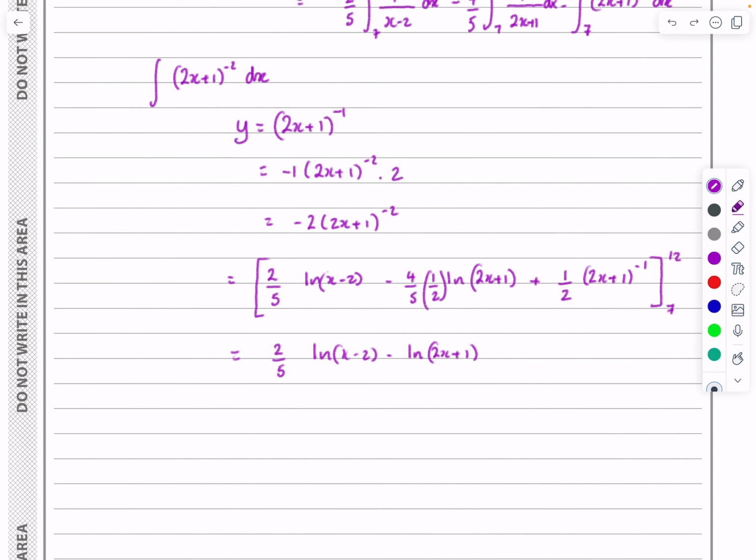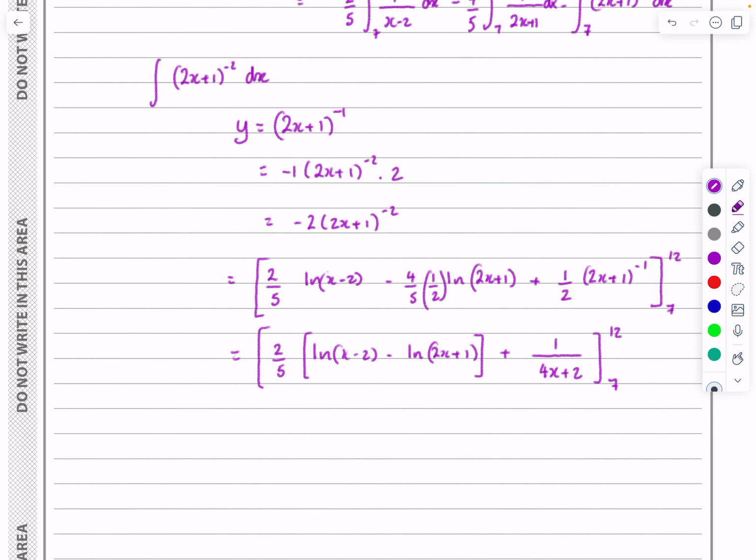So I've got that bit all plus 1 over 2x plus 1. Now you can leave it like that, or what I'm actually going to do, I'm going to call that 1 over 4x plus 2. I'm going to tidy that up because I'm going to be putting values in a minute, and I want this to be as neat and tidy as possible before I start putting my values in.